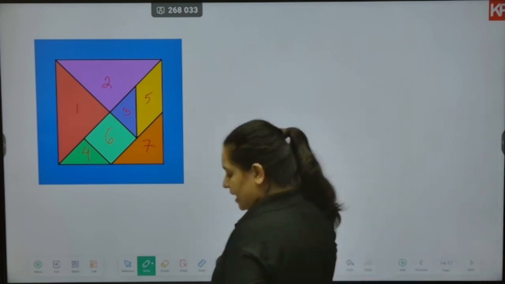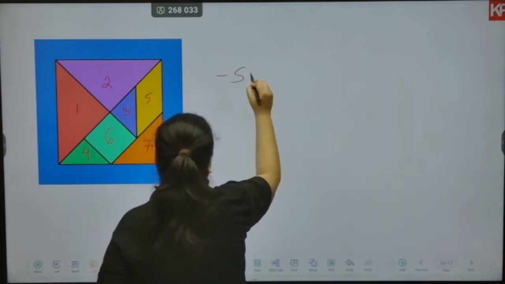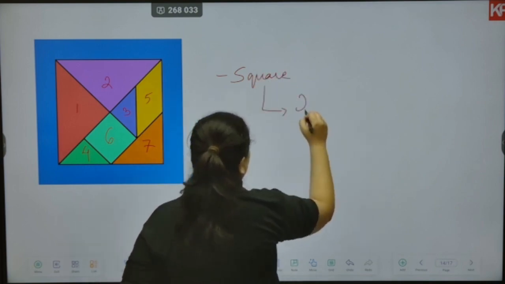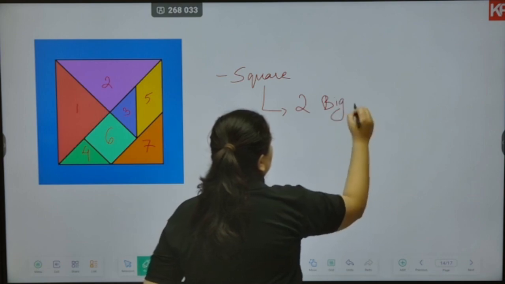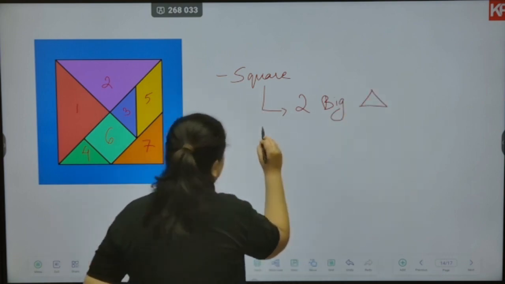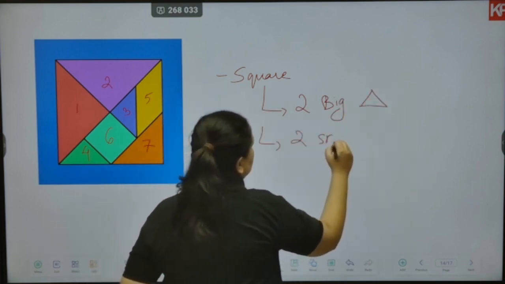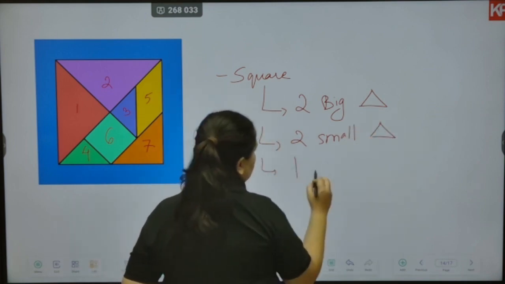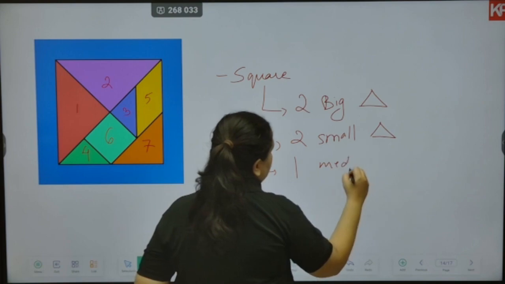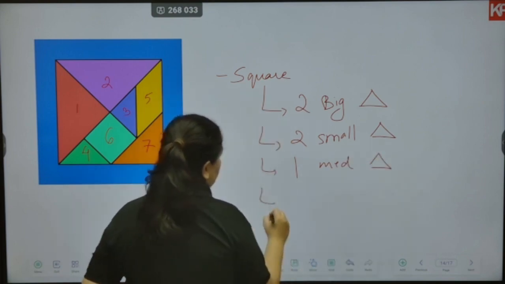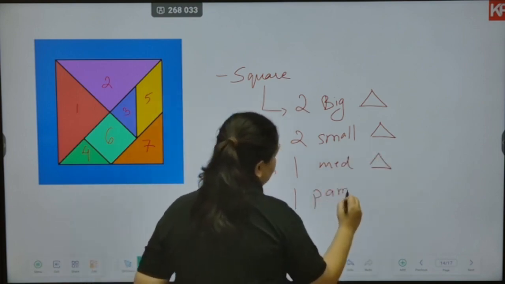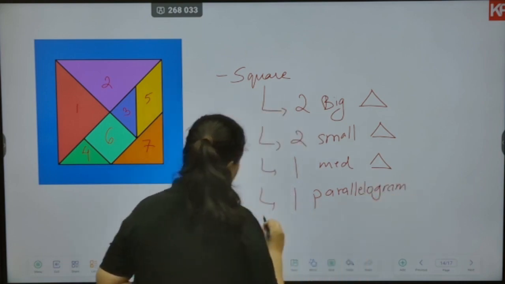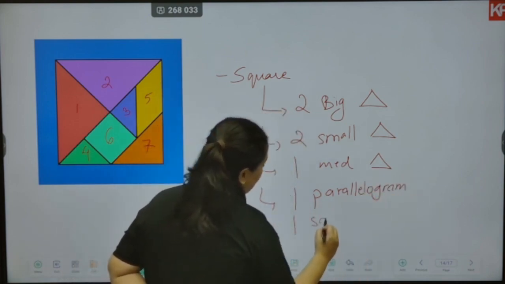Okay, so let us write it down. A square is getting divided into 2 big triangles, 2 small triangles, 1 medium triangle, one parallelogram, and one square.